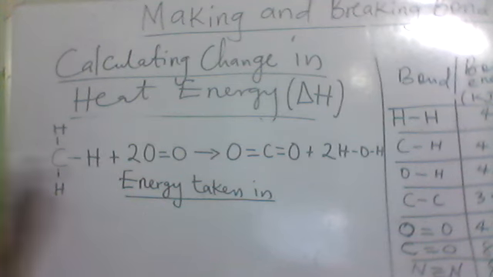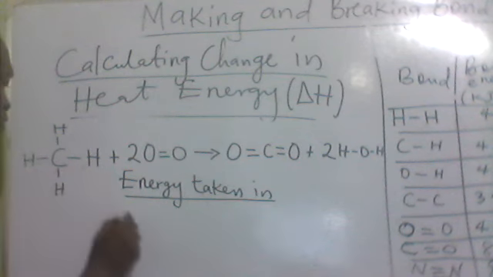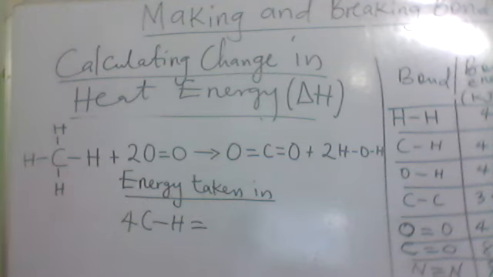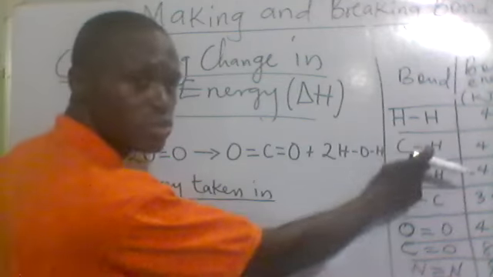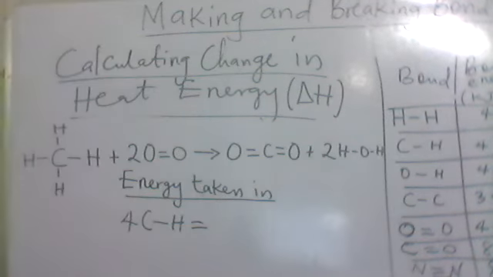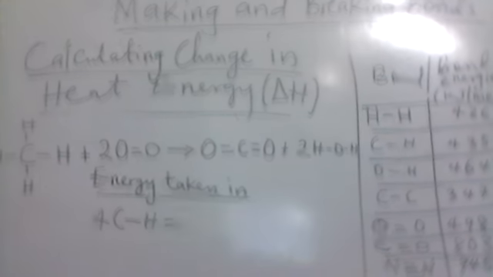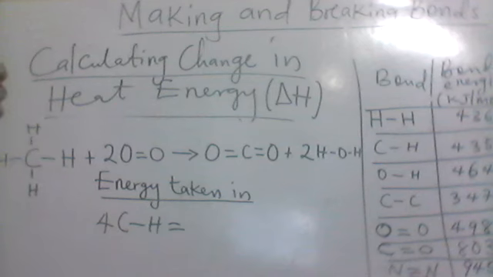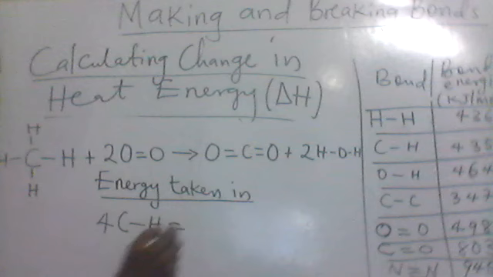If you look at the methane, you will observe that we have 4 carbon to hydrogen bonds. Our carbon to hydrogen bond is 435.